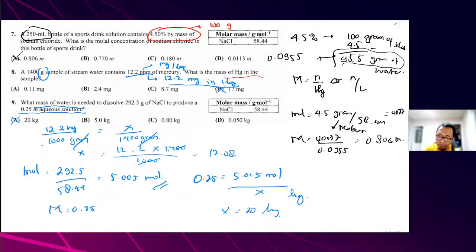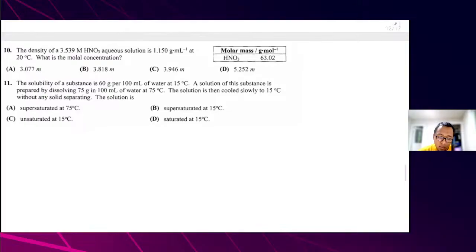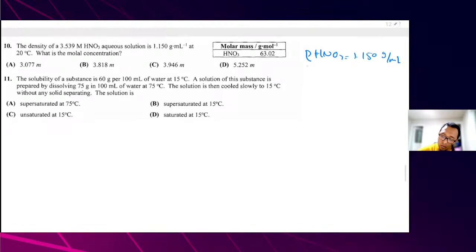Yep, good. The density of HNO3 is 1.150 gram per milliliter, and then we know the molarity is 3.539.